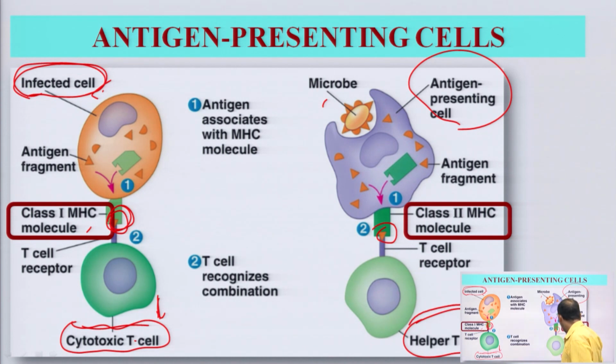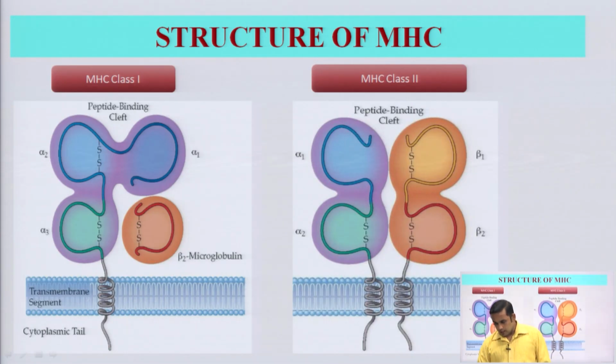When the complex happens with the helper T cell, this complex we call class 2. Why class 1 and class 2? Here is the answer. You can see here is only one bond and here are two different bonds, that is why. So, this is the entire picture.